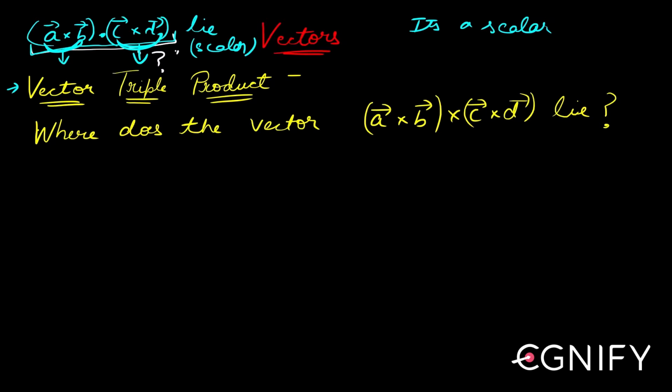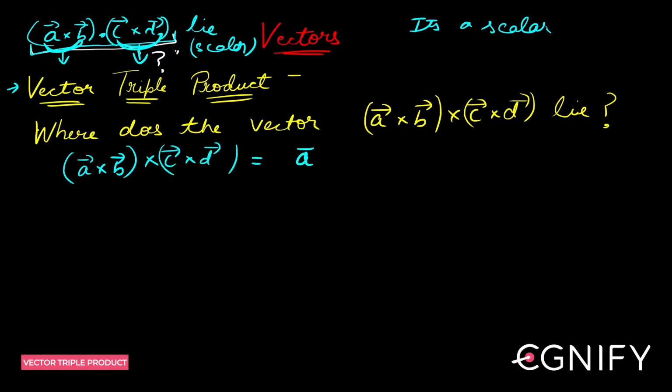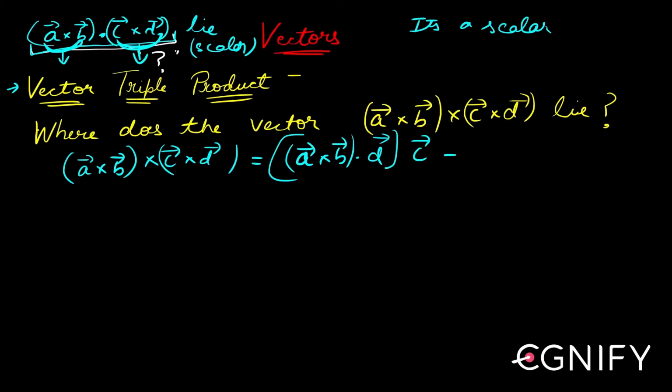I can write A cross B cross C cross D as something like A cross B dot D into C minus, can you tell me the next part? Yes, A cross B dot C into D bar.